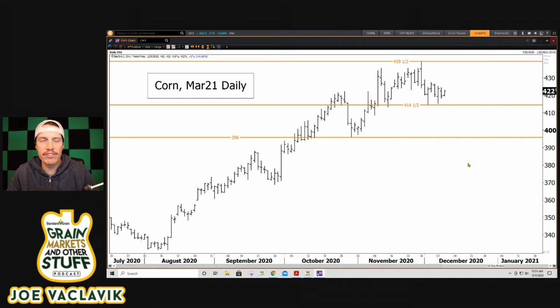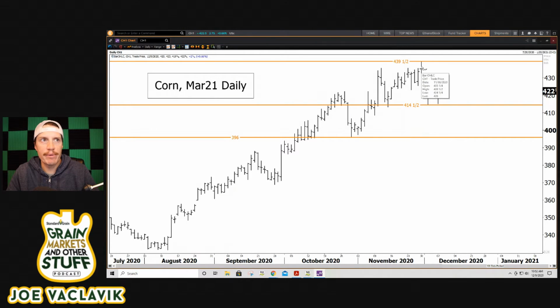So what that leaves us with short term, I think, is a sideways to lower deal. If you notice, in each of the last 1, 2, 3, 4, and today would be 5 trading sessions, we have had lower highs than the previous session. And that is not necessarily a positive factor.